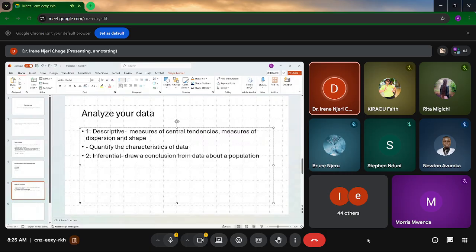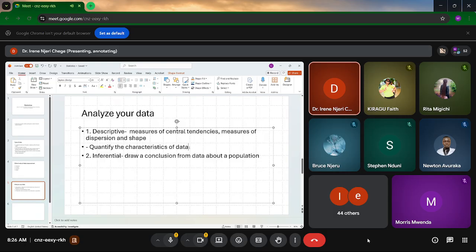Okay, so in descriptive statistics, we're dealing with measures of central tendency, dispersion, and shape. So you are quantifying the characteristics of data, and then you describe the characteristics of a known sample or population.